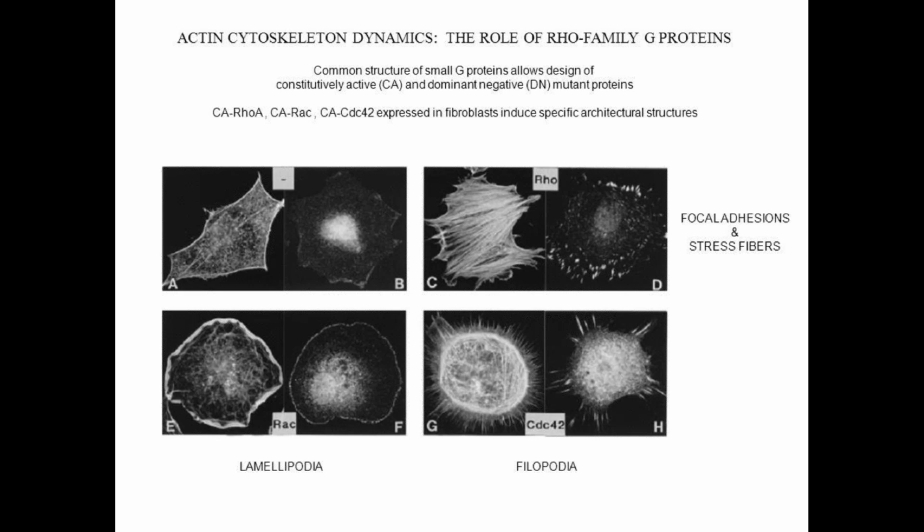You get what's called ruffling, where the edges of the cell are folding up. That's what you're seeing in this still diagram. And if you put in Cdc42, you get another unique morphology called filopodia. Think F for filopodia, F for fingers. You get these finger-like projections out of the cell.